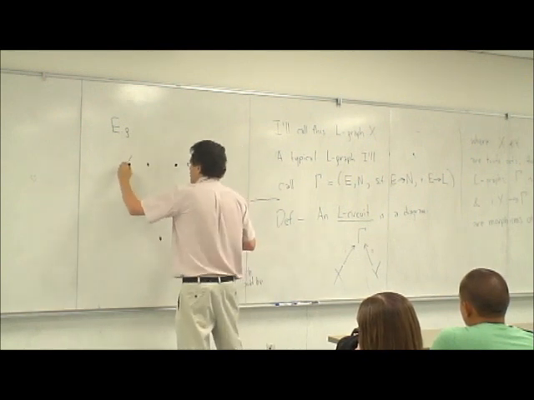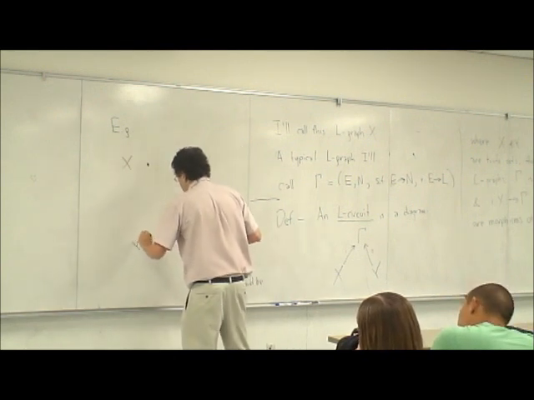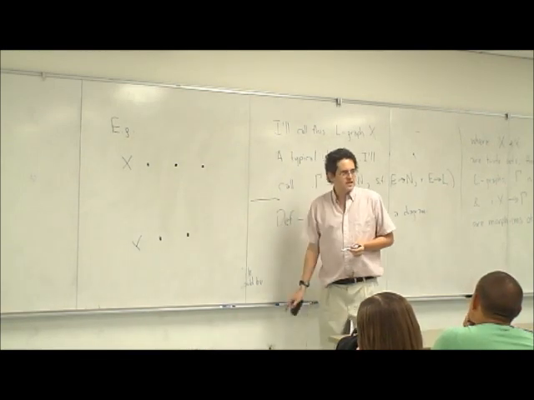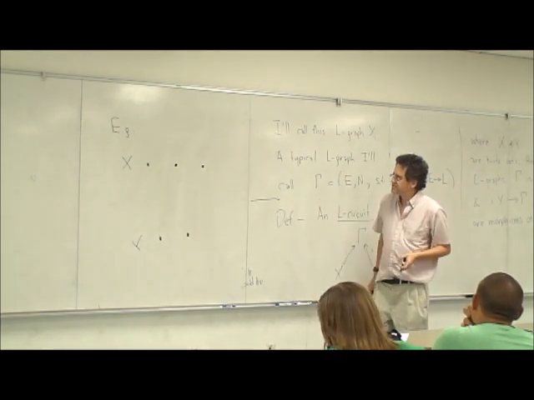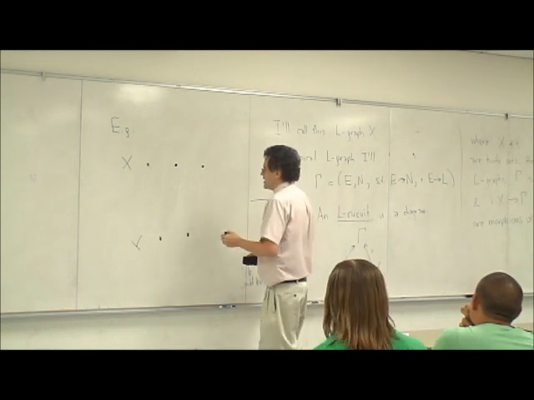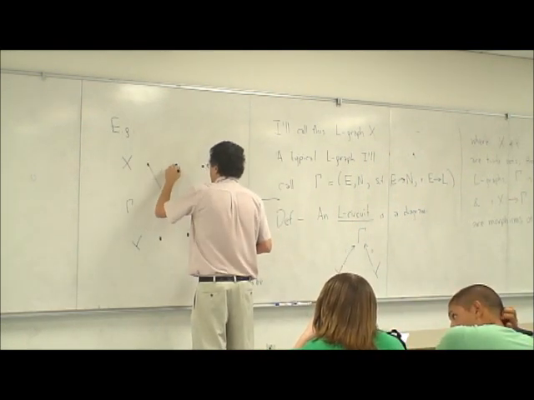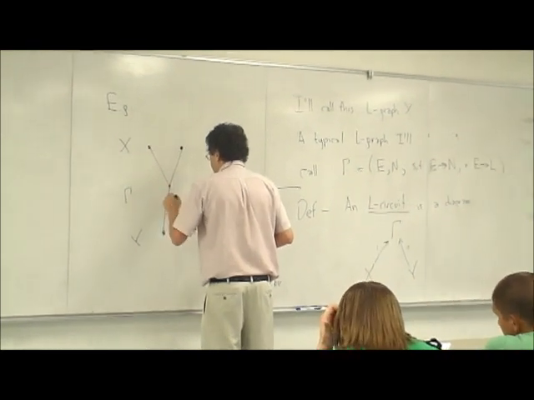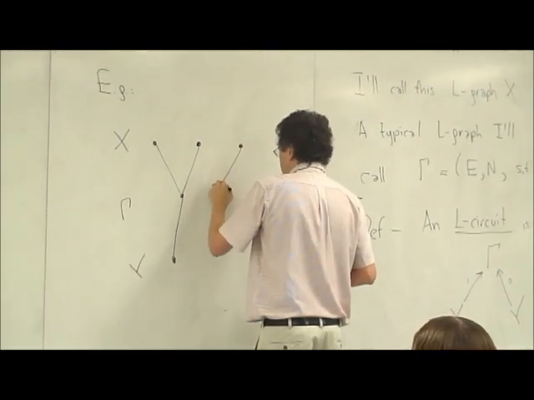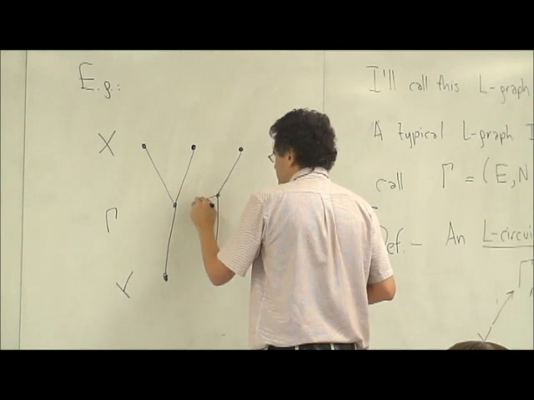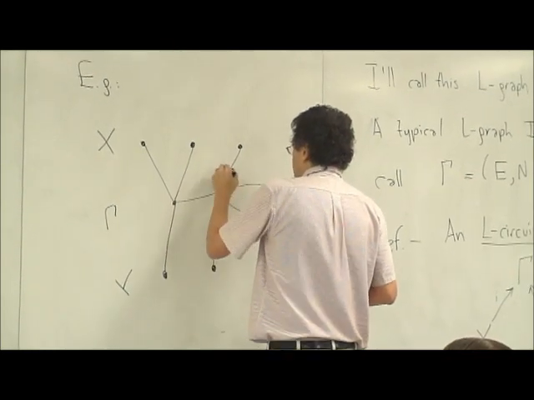So here's a finite set. Here's a finite set. You can think of them as L graphs that just have no edges. So the graphs with no edges. And then here's gamma, some other L graph. And this one, well, I will not be so boring. This one has some interesting edges.